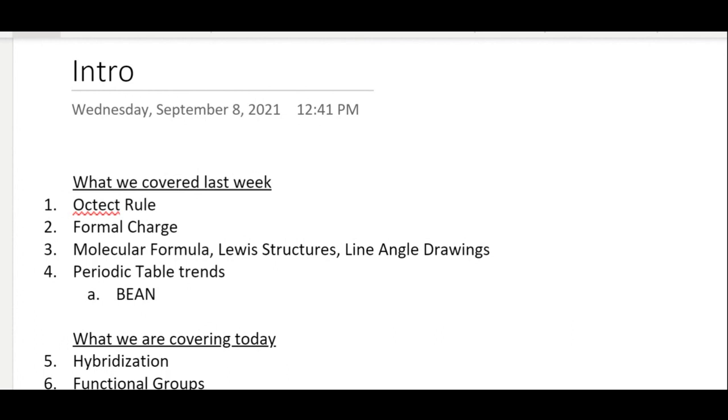And then after all that, we got into the content, which is we start off with octet rule and formal charge, a little review from Gen Chem. We also talked about molecular formula and how to turn that into a Lewis structure, and then how to go from a Lewis structure to a line angle drawing. And then finally, we finished off with periodic table trends.